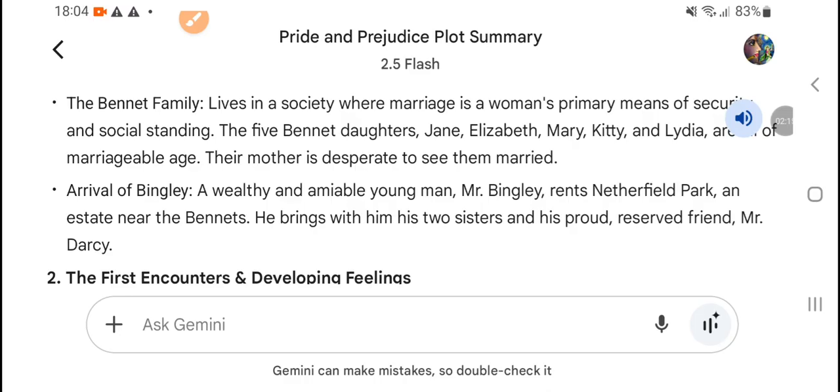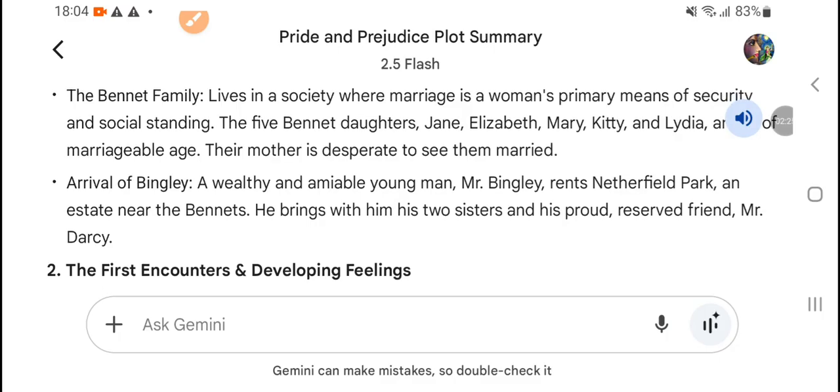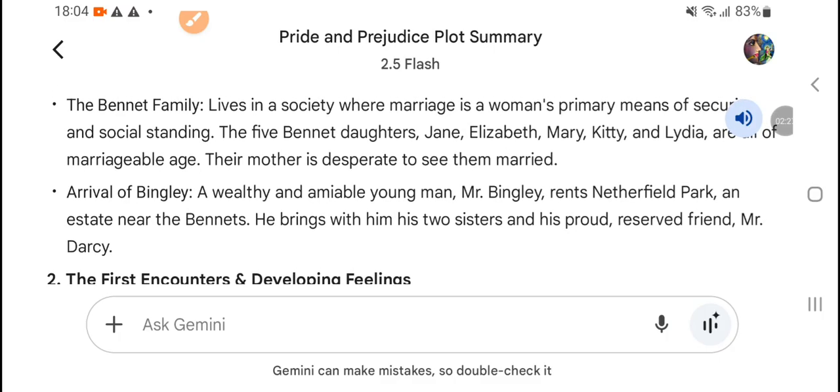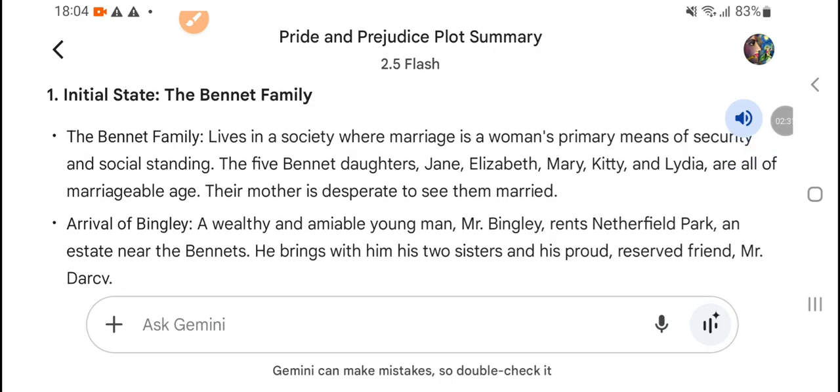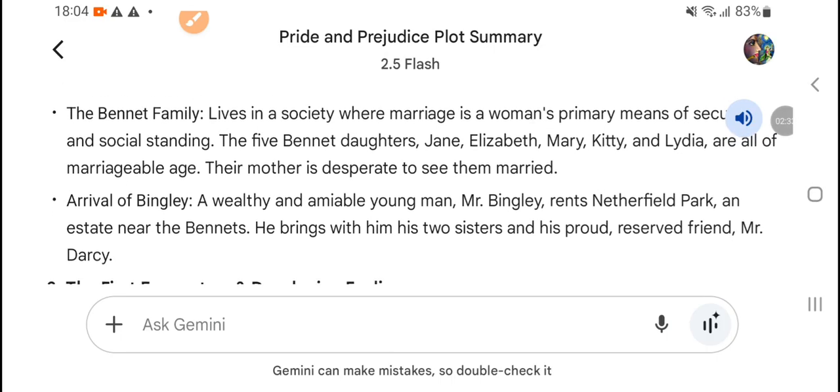As we know, this novel is written on the marriage institution, and here marriage is a woman's primary means of security and social standing.